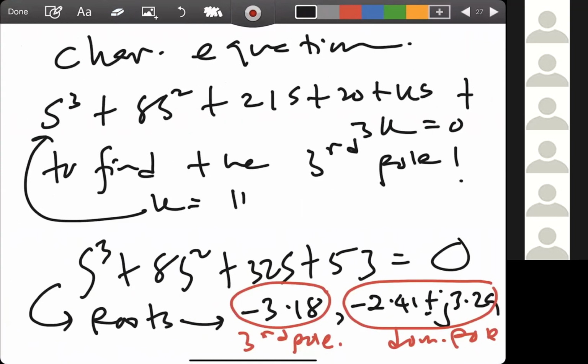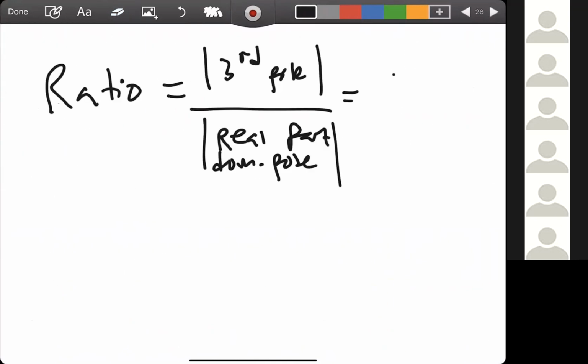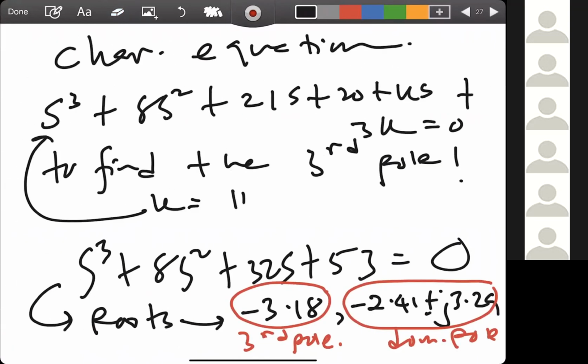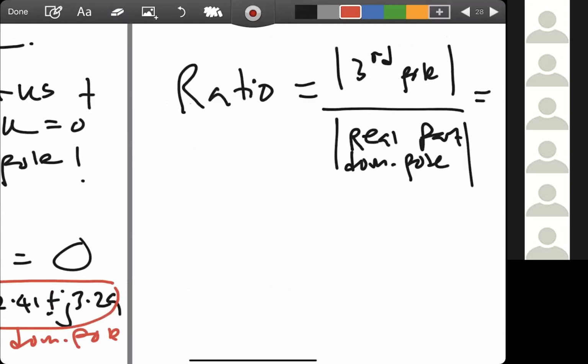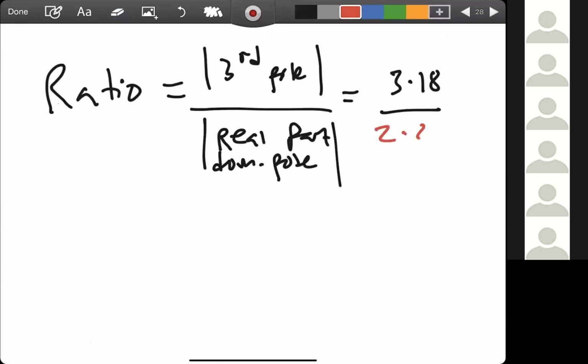So 3.18 divided by 2.4. So the ratio is how much? 3.18 divided by 2.4.